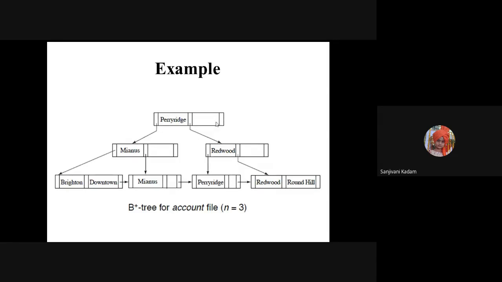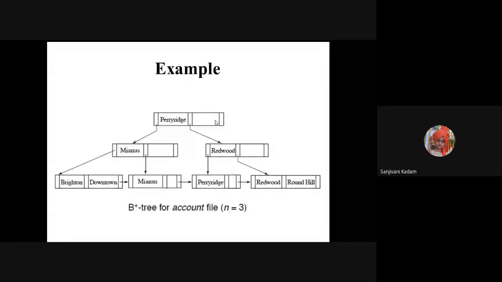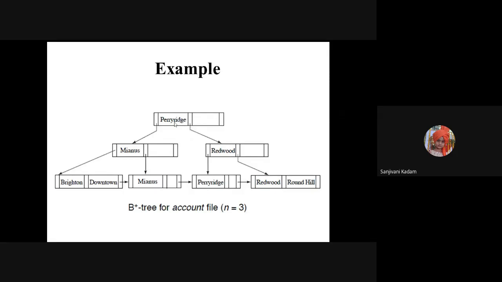Right now there is only a single key value available in the root, it means that there is a possibility of having Redwood in the right child only. As another key value is not possible, it means that Perryridge is the value which is less than Redwood but highest. There is no other value which is less than Redwood. So right now Perryridge is the value which is less than Redwood.